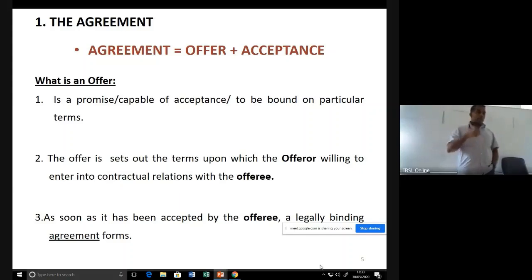As soon as it has been accepted by the offeree, a legally binding agreement forms between the offeror and the offeree. Agreement creates. That is the first element of the contract, right?